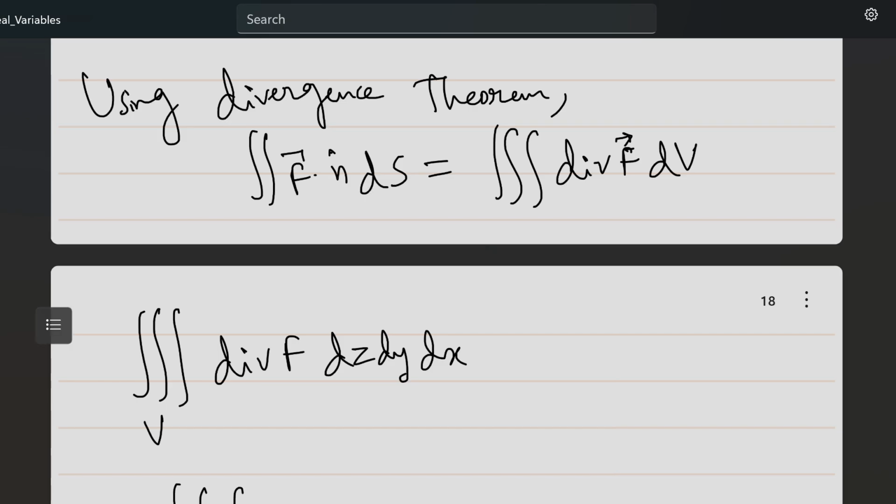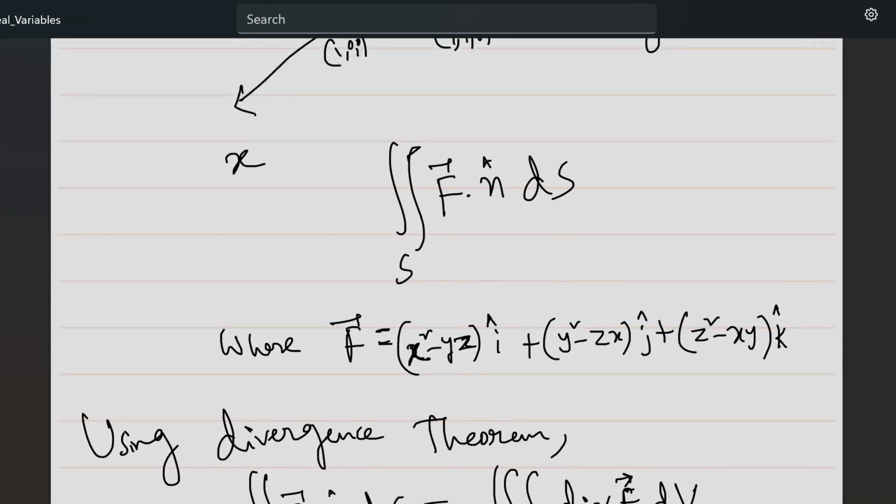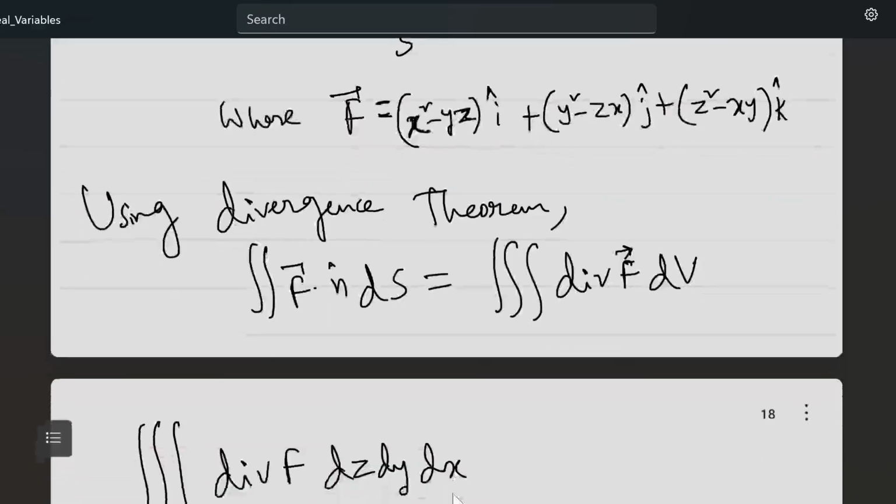So what is divergence of f? 2x plus 2y plus 2z. Yes, correct.